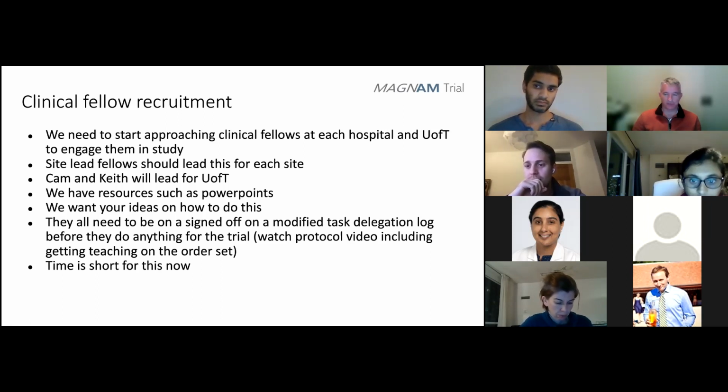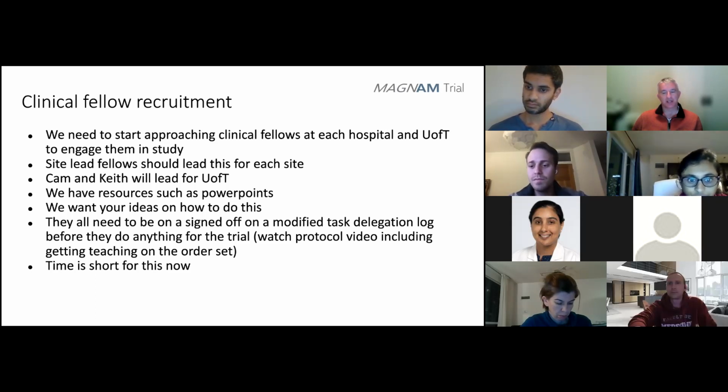Not too many, I think you'll find. Certainly in Sudoku, for instance, our refusal of randomization rates are very low. When you tell them you've done two things that are within the standard of care, both treatment arms here are within the standard of care, and you've already done it, the chance they're going to turn around and object to the principle of it is not high.